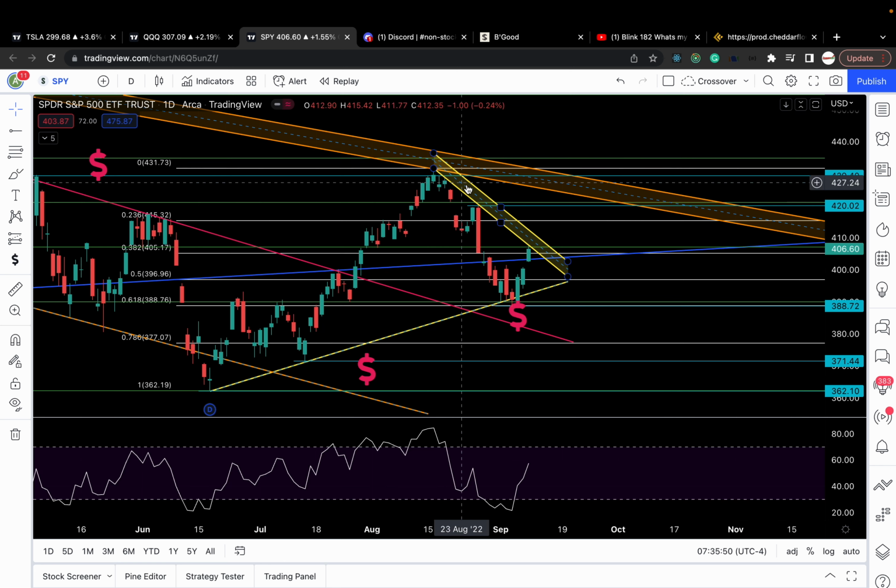So I identify here that we have an AOL level just above 407, maybe up to 410, 411-ish. But like I said, we don't want to assume, we need confirmation. So if it hits that zone and then drops back below 407 and 405, that's a sign market makers are done stop loss hunting. We're probably going to head down lower to grab these liquidities down here.